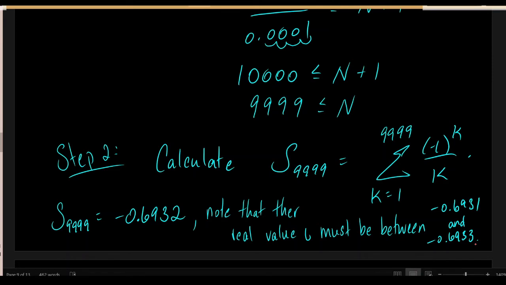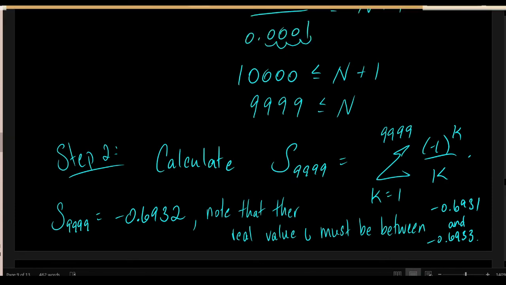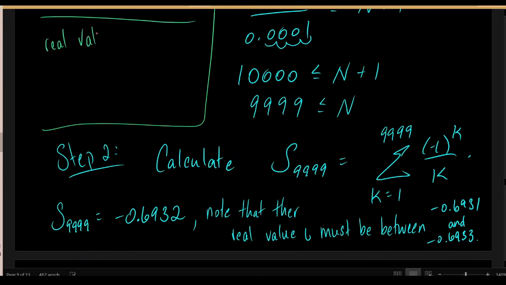And if I wanted to narrow in on the series even more, I would have to take a partial sum with even more terms in it. Now, just as an interesting note, it turns out the real value of this series is equal to the natural log of 2. And I don't know about you all, but looking at this decimal approximation, it would never have been clear to me that the natural log of 2 is the real value of this series.